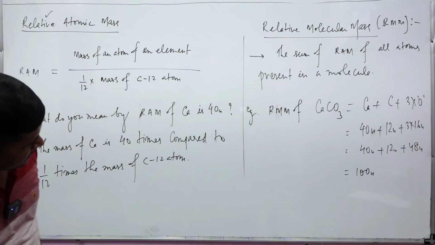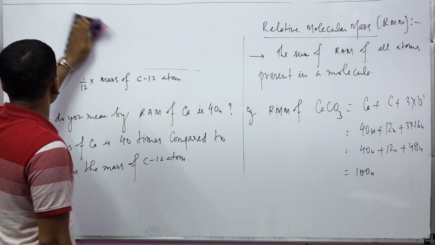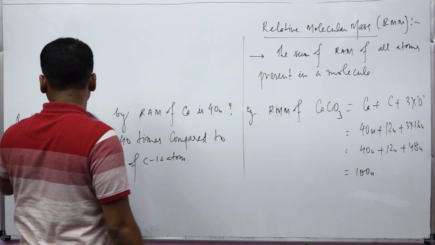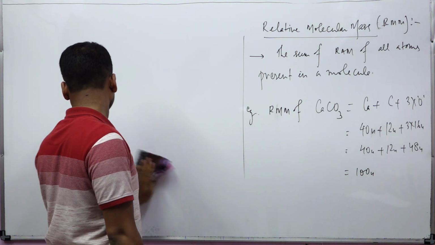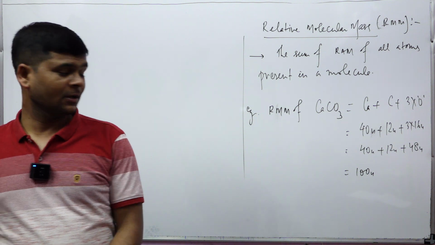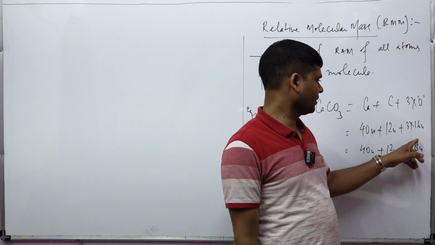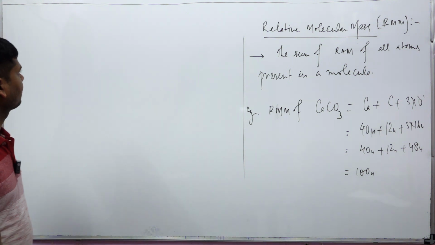Sometimes you might have seen, this is the unit, or you might have heard that it is expressed in gram. Does it mean that in real sense one oxygen atom weighs 16 gram? No, it is just expressed.